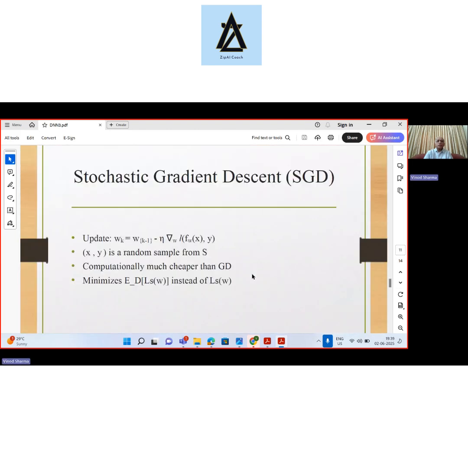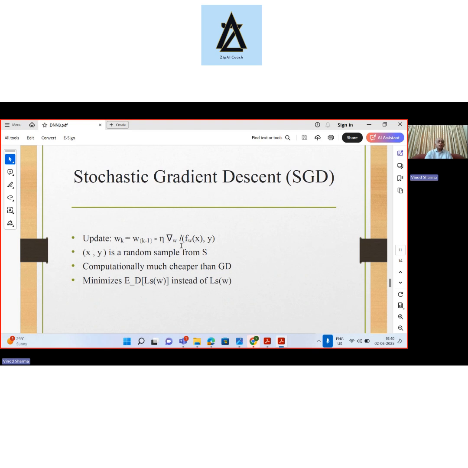If we apply stochastic gradient descent, again this step is similar, but remember, Wk is equal to Wk minus 1 minus eta times a Vk minus 1 here.